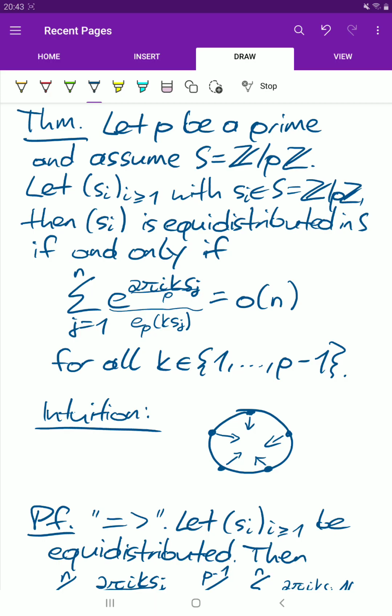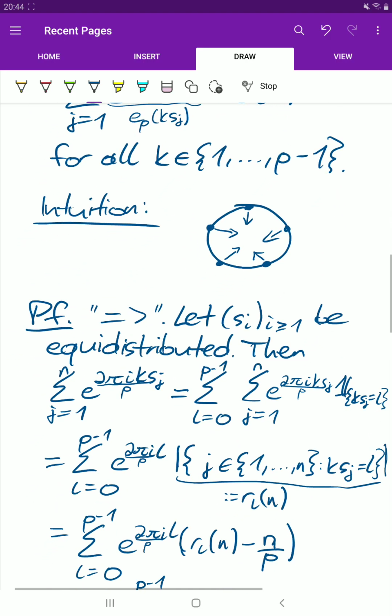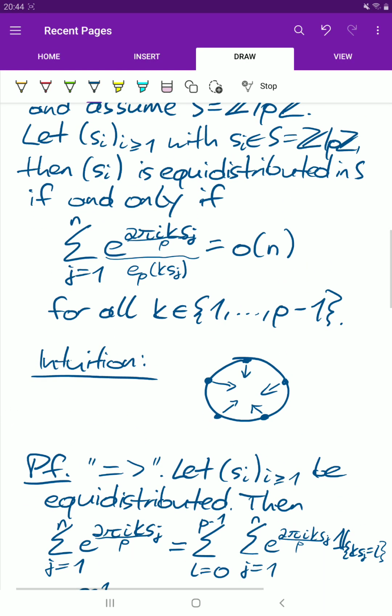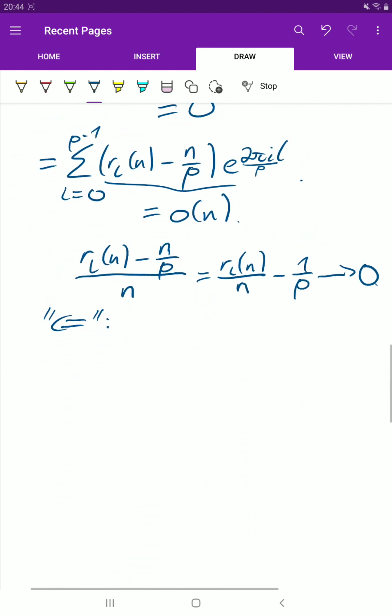We proved one part of this theorem, of course with the small hiccup that the divided by p was missing. And now we're going to prove the converse. So namely, we assume that the sum is in small o of n for all k in 1 up to p minus 1, and we show that it's equidistributed.